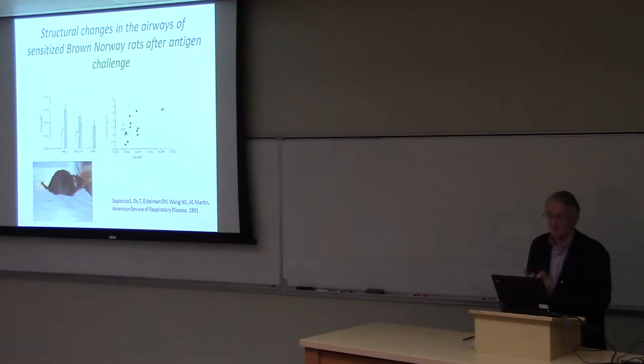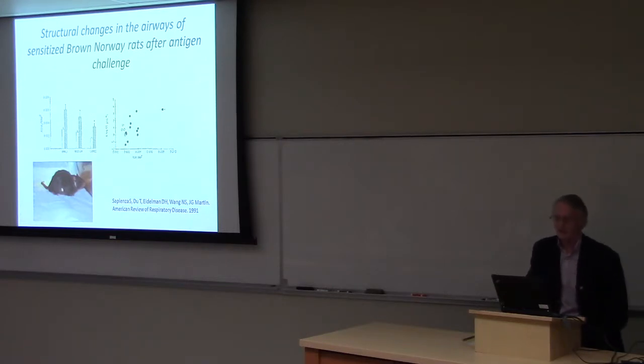This rat distinguishes itself from a whole bunch of other strains in having very high levels of IgE, which is the typical immunoglobulin associated with allergic sensitization. And this animal, when you sensitize it to an experimental allergen such as chicken egg albumin, ovalbumin, and then you expose it subsequently to the ovalbumin, the muscle will grow in the airways. And it doesn't take actually a lot of exposures.